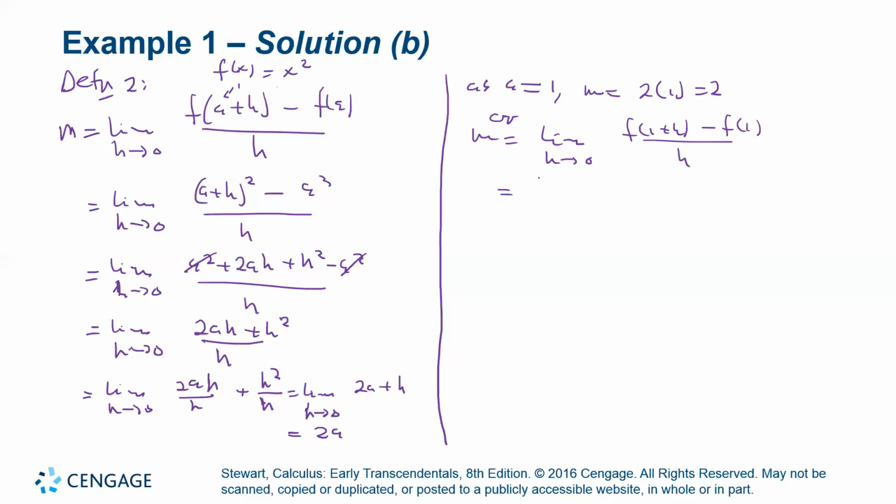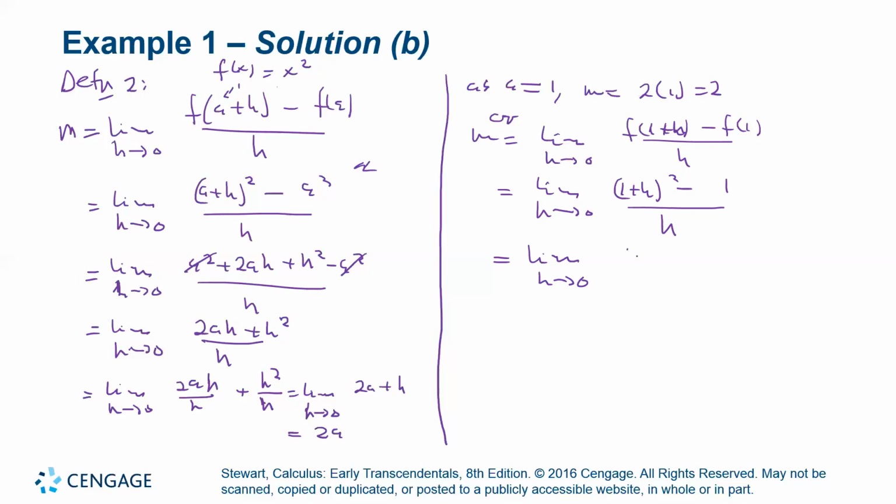So you have the limit, h goes to 0, of 1 plus h all squared minus f of 1, which is 1, then divided by h. Now, when you simplify, this is shorter, and the simplification is not as cumbersome as the first one over here on the left.